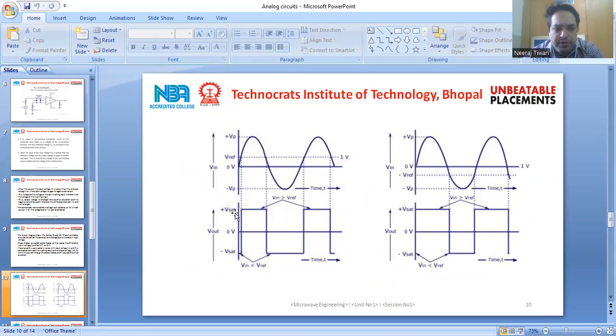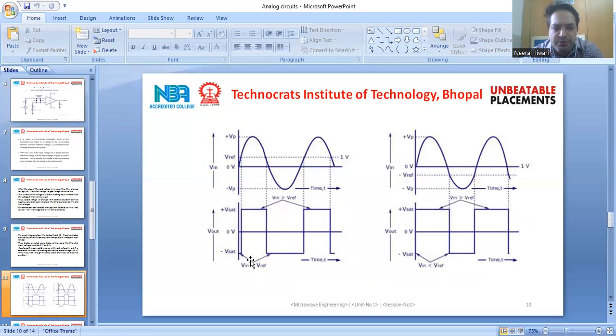So what output will you get here? As we know, the output goes from plus Vsat, positive saturation, to minus saturation, and back from minus saturation to plus saturation. This is what you can see here. At the top of the waveform, you can clearly see the input voltage, that means the time varying signal, is greater than the reference voltage.